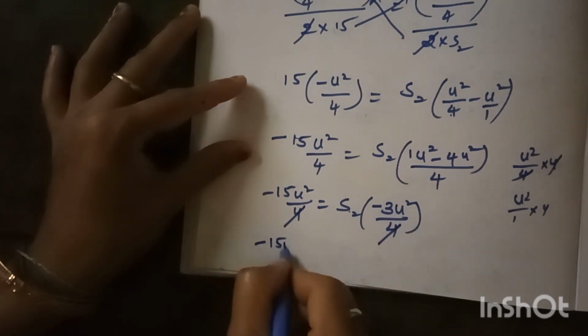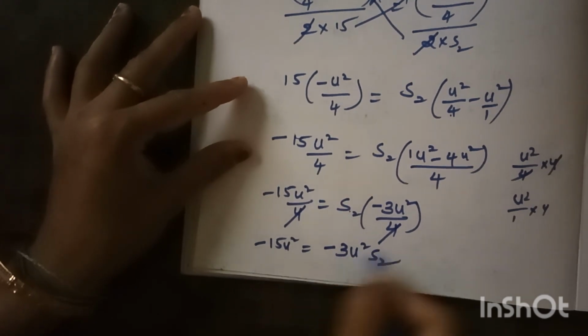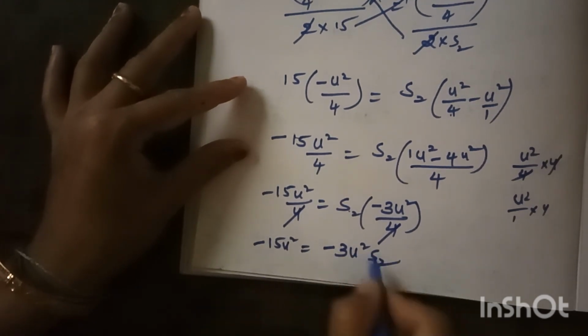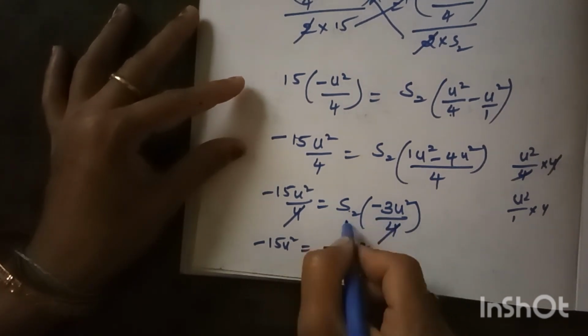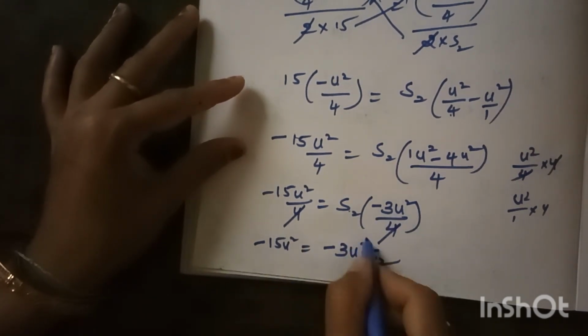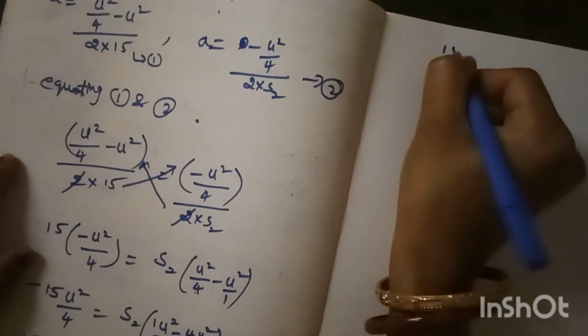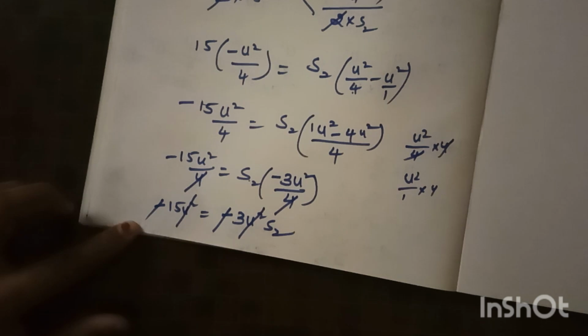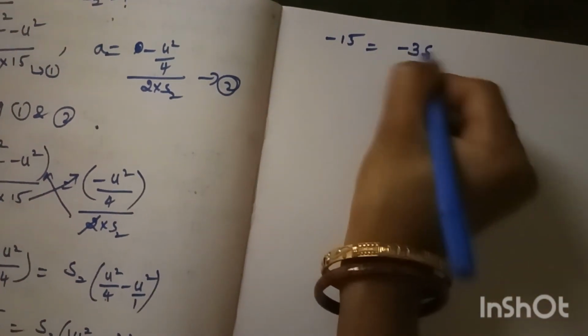So 15 u square equals minus 3 u square s2. It is multiplying, so u square will be cancelled. Minus also will be cancelled. So what you will get? Minus 15 equals minus 3 s2.